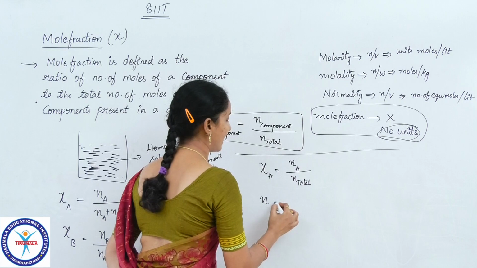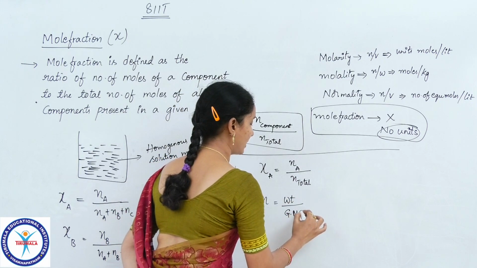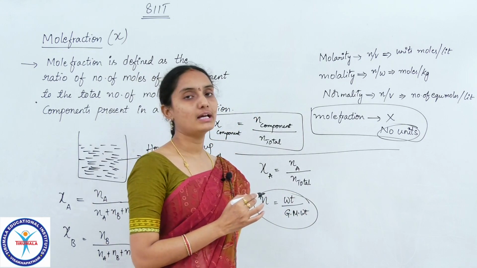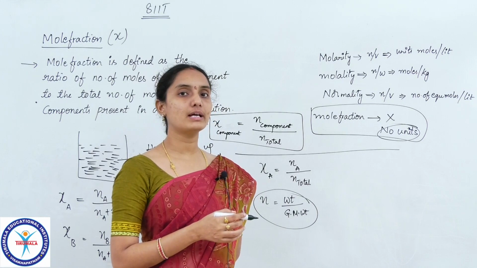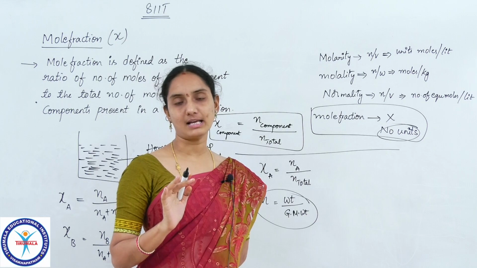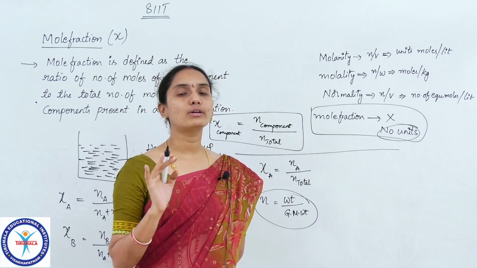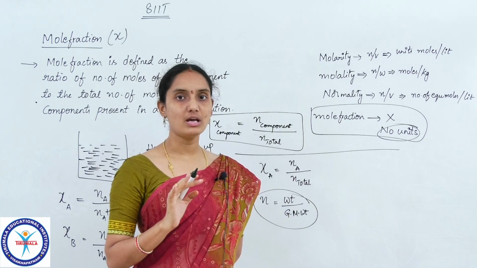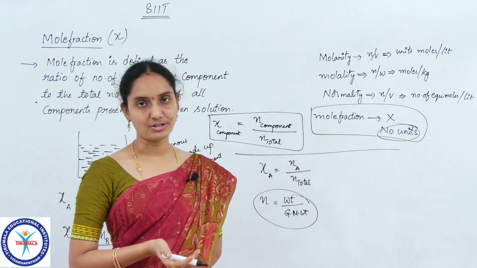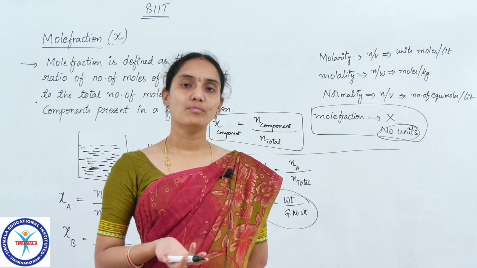Then number of moles can be calculated by given weight divided by gram molecular weight. This formula we have already used in molarity, so the same formula we will use here. If number of moles of each component is not directly given in the sum, they would give you the weights. So using those weights, you have to calculate the number of moles first of all, and using those number of moles, you have to calculate the mole fraction, children.